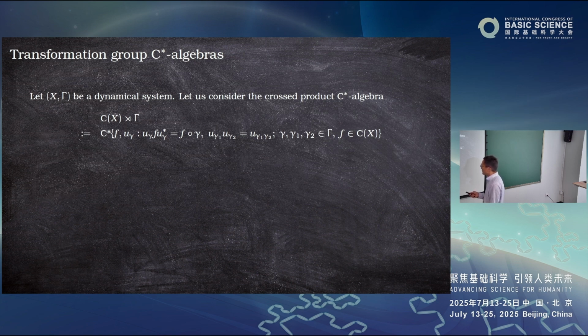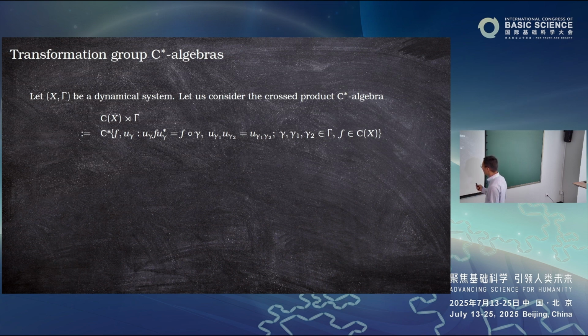So you have a copy of the group inside this C-star algebra, and the relation between this copy of the group and the copy of C of X is this: you look at the inner action of the function by the unitaries. That's exactly the given action of gamma on the space X.